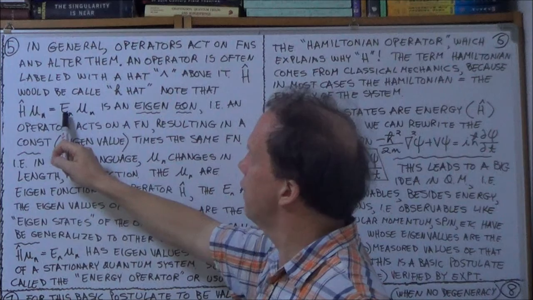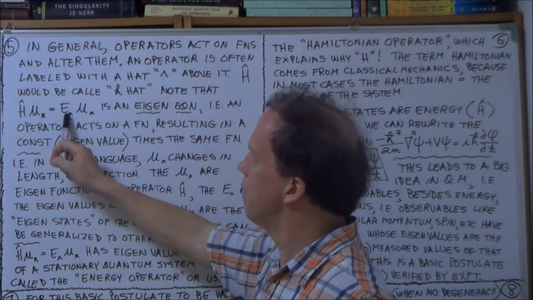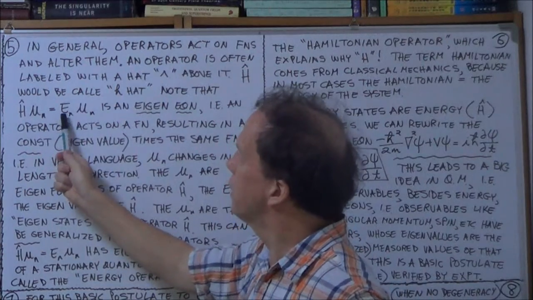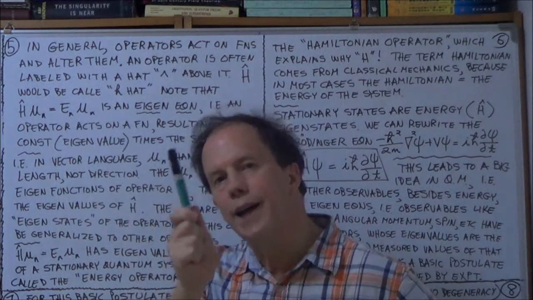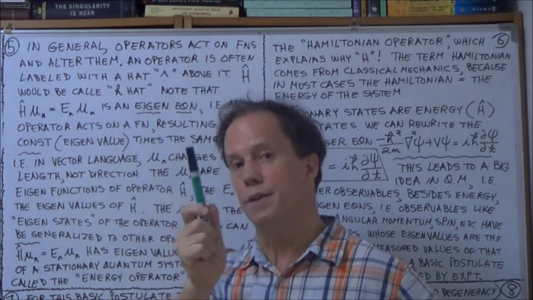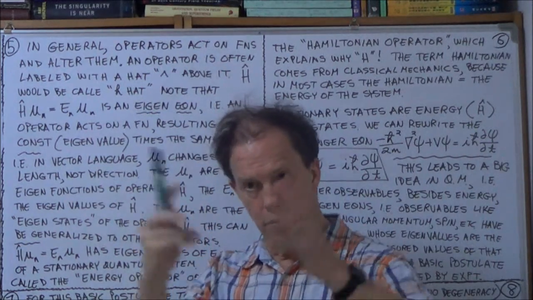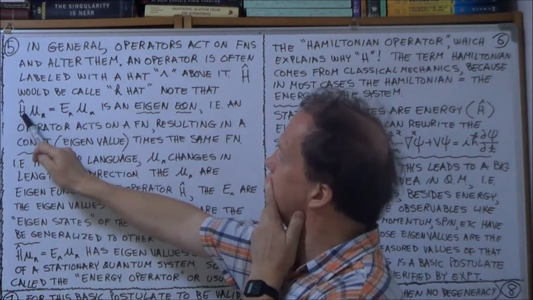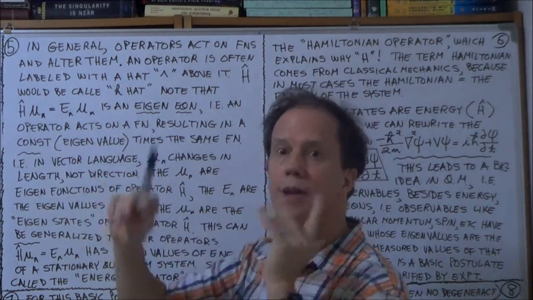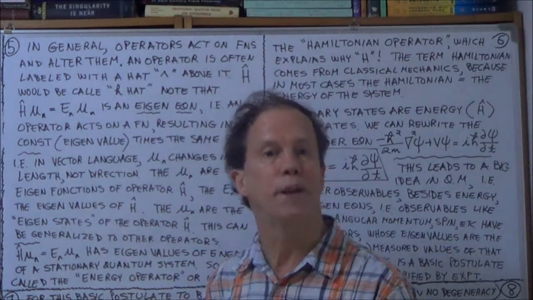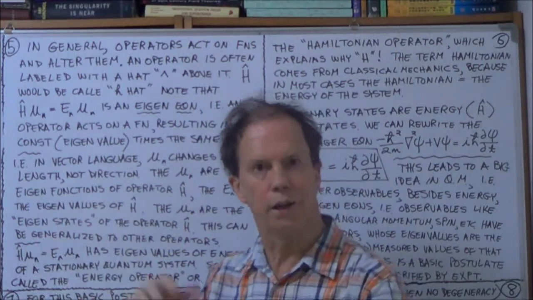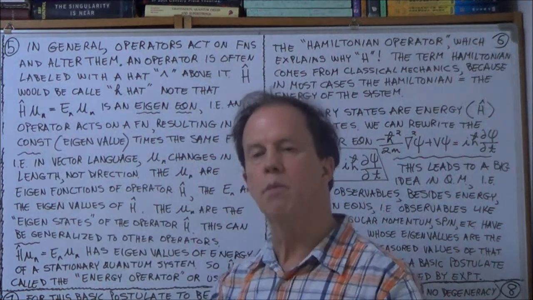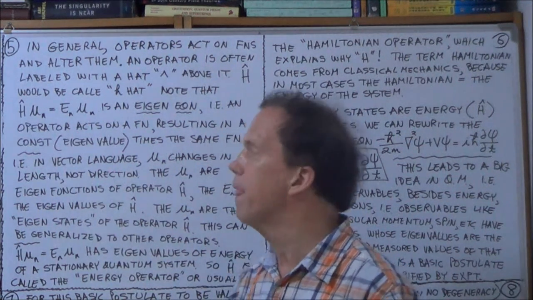You'll have eigenvalues here, and those eigenvalues, and here's where the physics comes in, will be the allowed quantized values of the system you're talking about. For example, say the observable is angular momentum. I haven't done it yet, I'm jumping ahead a little, but imagine this operator here is your angular momentum operator.